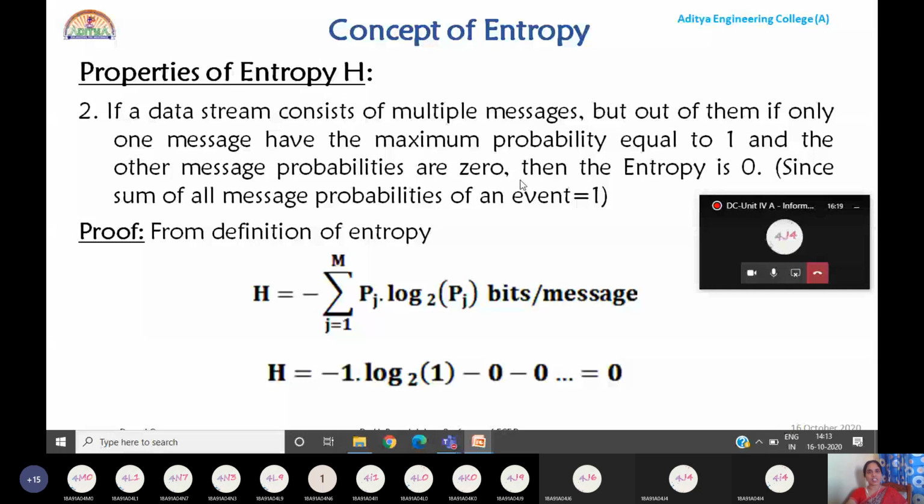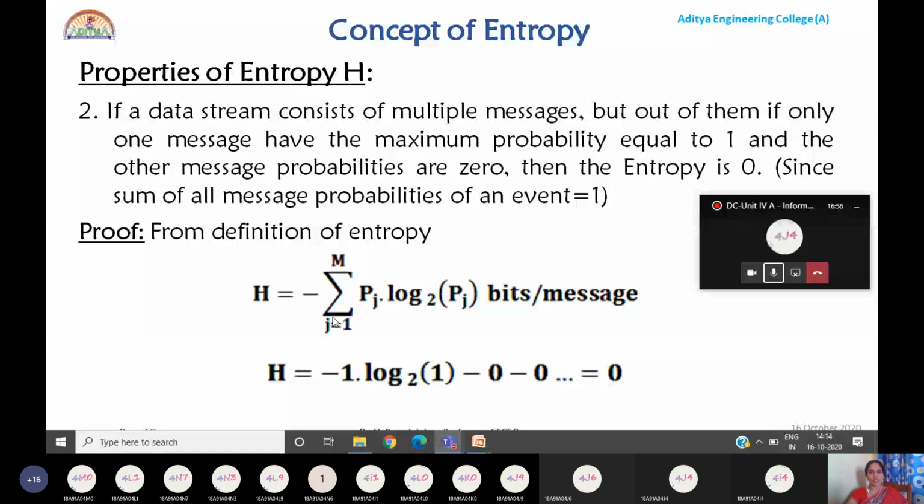And the second property is: if a data stream consists of multiple messages, but out of them only one message has the maximum probability equal to 1. From the definition of entropy, already you know that if a data stream consists of capital M number of messages, but only one message has maximum probability and all the other message probabilities are 0, then the entropy is 0.